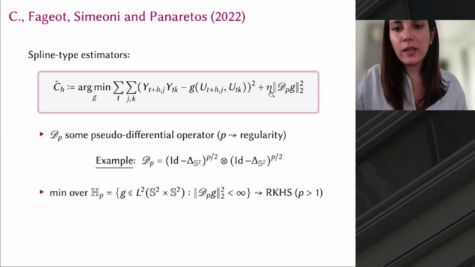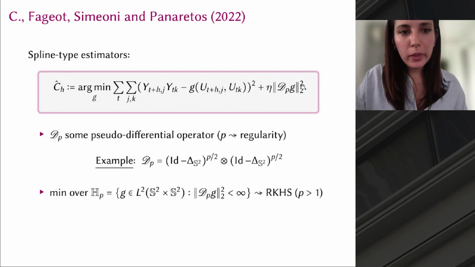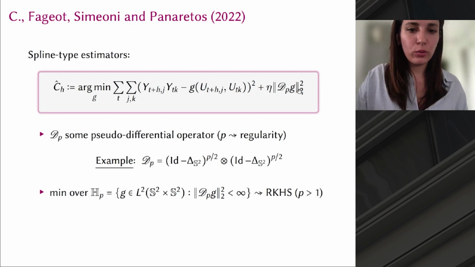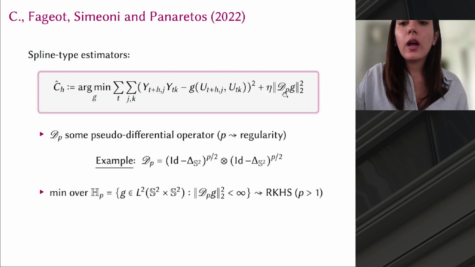The penalty is defined as this norm. Eta is a penalty parameter, and this norm is our penalty. This is the L2 norm on S2 times S2 of this quantity here.